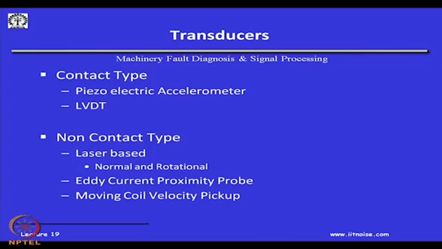The eddy current proximity probe and the moving coil velocity pickup essentially measure velocities and are non-contacting in nature. But again, a disadvantage of the eddy current proximity probe or the moving coil velocity pickup is that they cannot be used on surfaces which are non-ferritic. The surface has to be ferritic to use the eddy current probe or the moving coil velocity pickup.